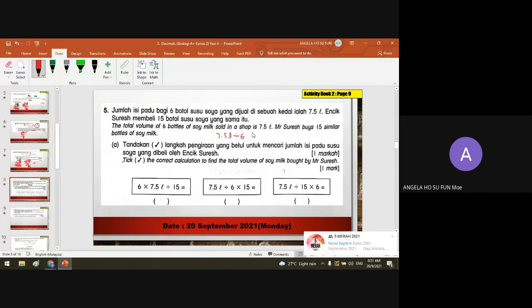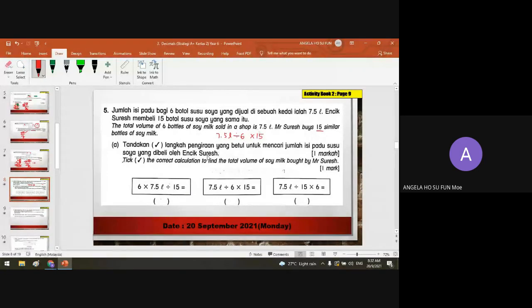What is the volume of soya milk in 1 bottle? After finding 1 bottle of the volume of soya milk, now Mr. Suresh wants to buy 15. So what I'm going to do, I'm going to multiply by 15 again to find the total volume of 15 bottles of soya milk bought by Mr. Suresh, okay?